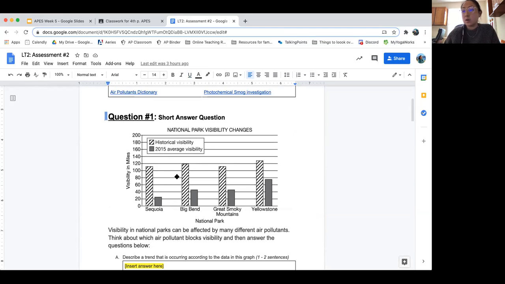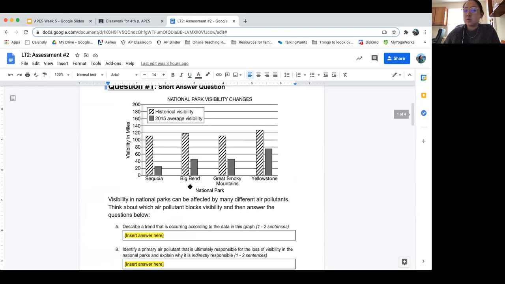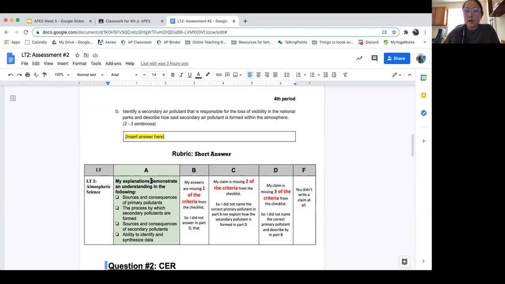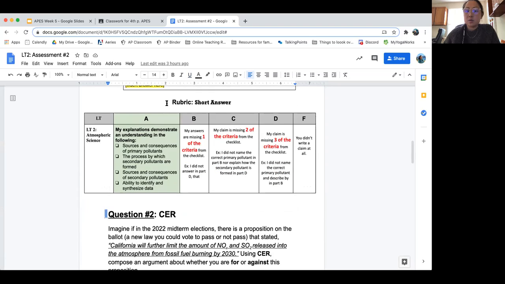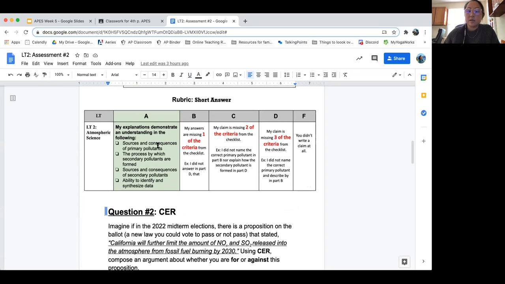Visibility meaning how far you can see. And what air pollutants are responsible for that. Then you have the short answer portion. This is the rubric for the short answer. I want you to be able to demonstrate these within the 4 questions that you'll answer.